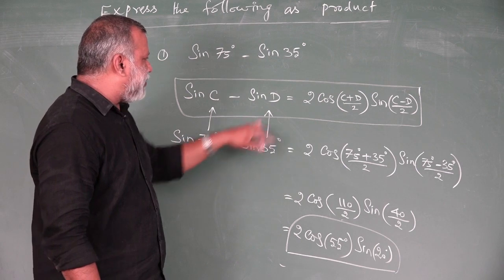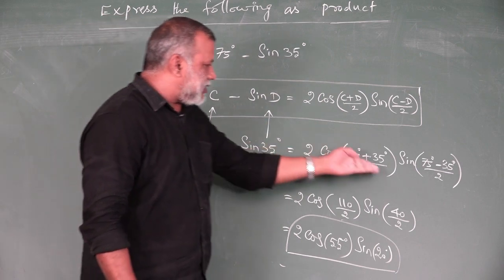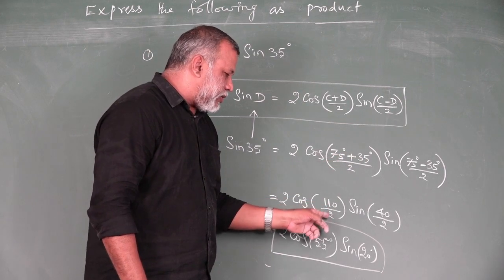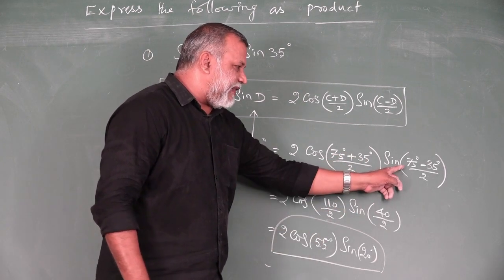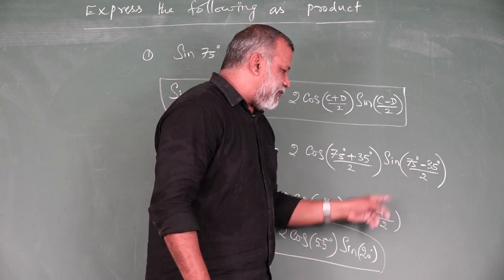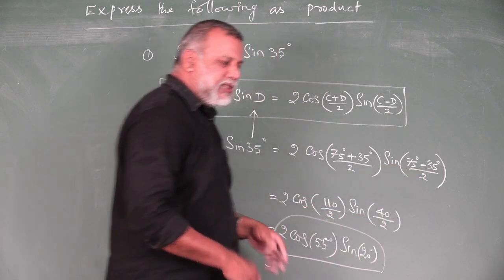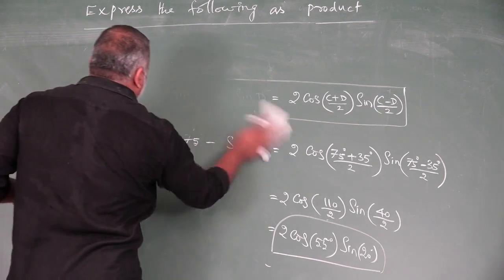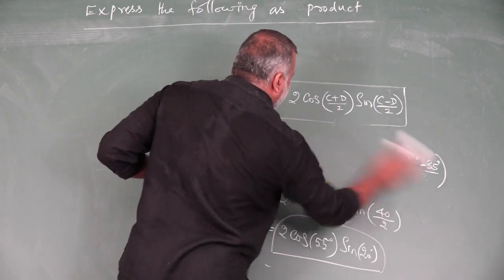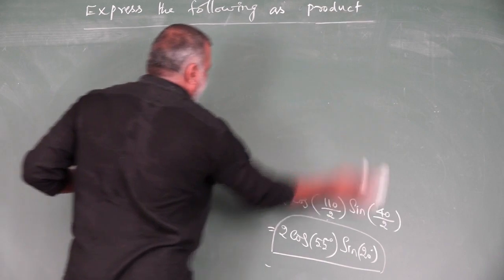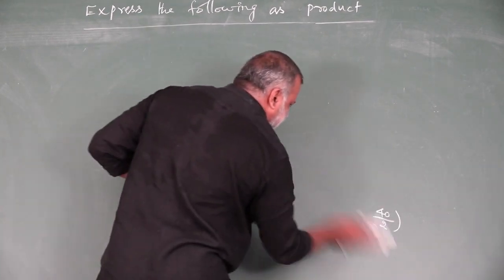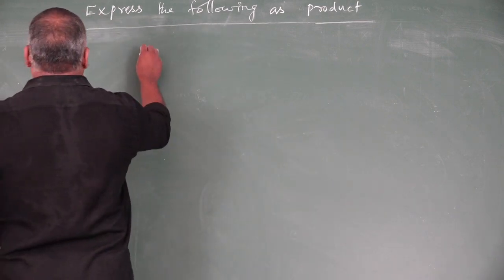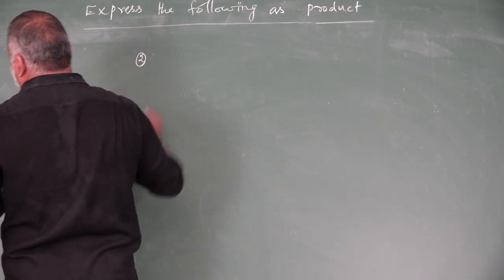Just replace 75, replace 35, then substitute. Here 75 plus 35 is 110, by 2 we get 55. Here 75 minus 35 is 40, 40 divided by 2 is 20. In the same model, the given is in the form of either addition or subtraction, therefore the resultant must be in the form of product. So, in the same model, we have one more question.